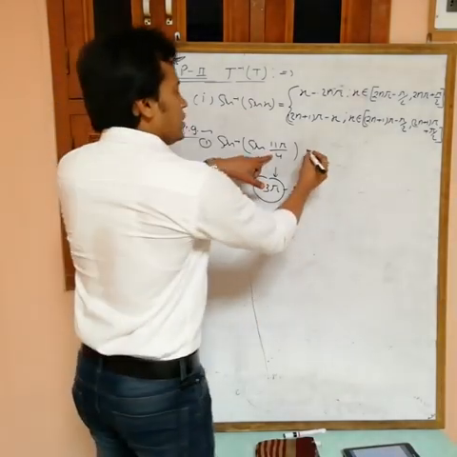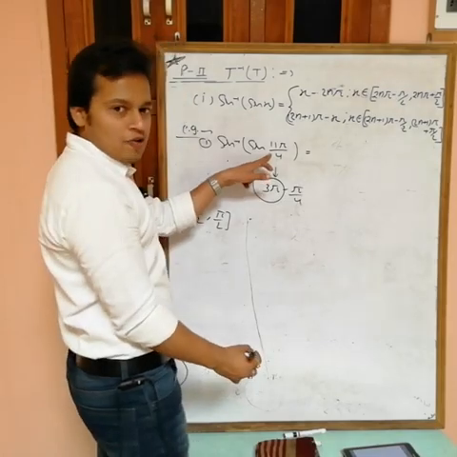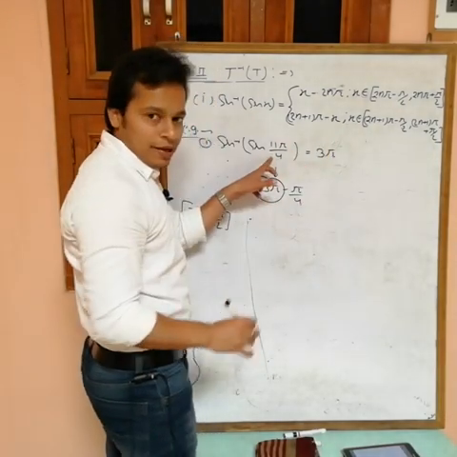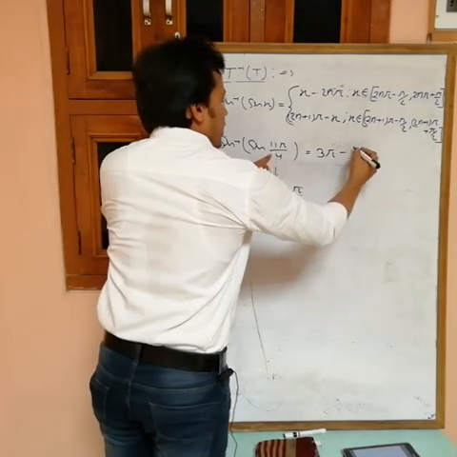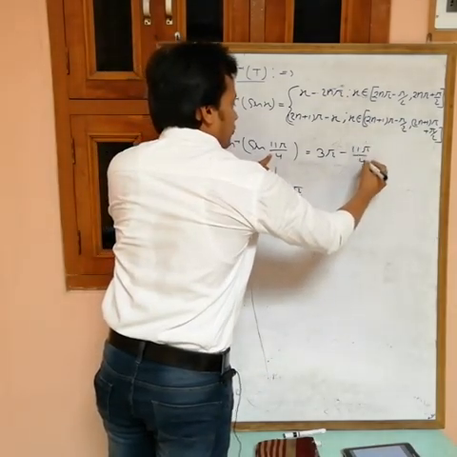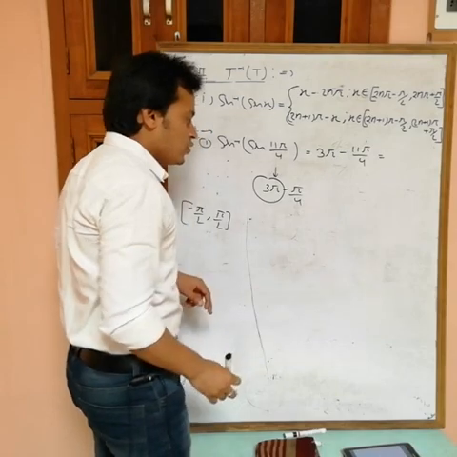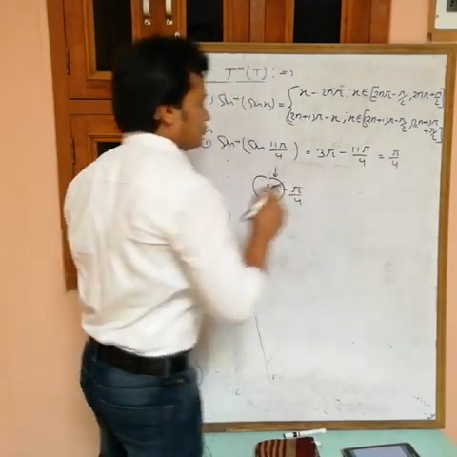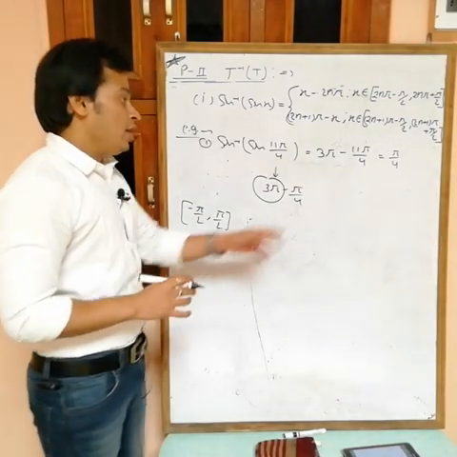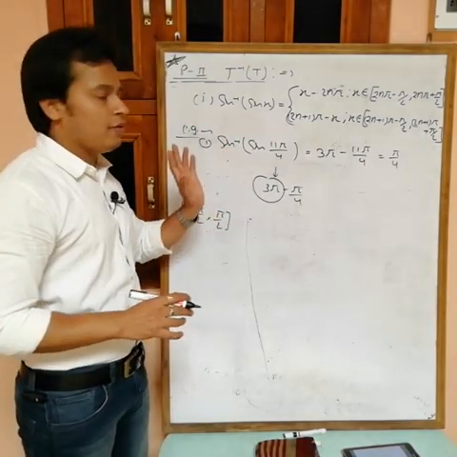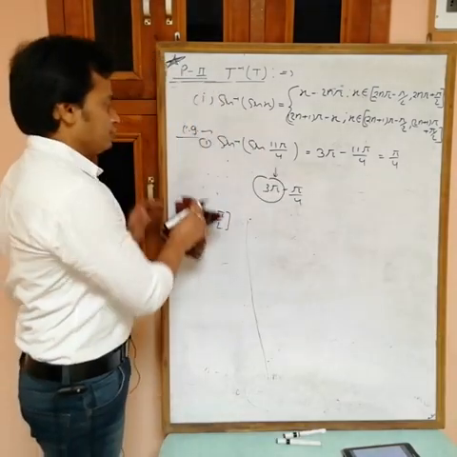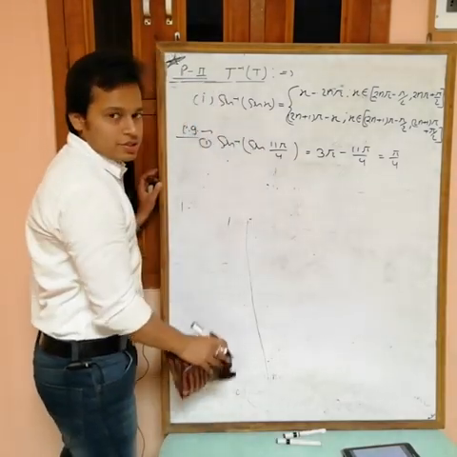If x is near to an odd multiple of pi, then the answer is that odd multiple of pi minus x, and x is 11 pi by 4. If you solve this, you will get pi by 4. This is the answer, and pi by 4 is the value of sine inverse. So this is complete.